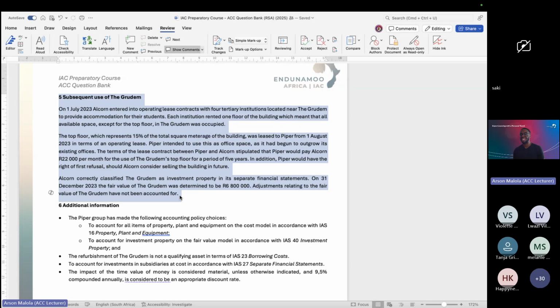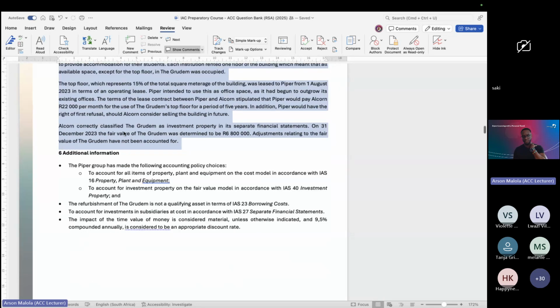So what I might potentially do, because I've got you again for the next session during the week, is spend 15 minutes max talking about this particular section, where we now create this intercompany lease, because I think it's quite an important section of this question, and I don't want to go over time with you all. So let's just park this particular question for midweek. I'll just take the first 15 minutes.